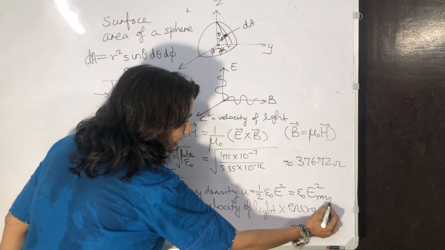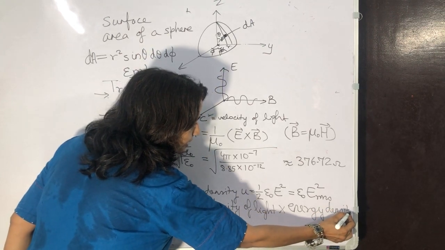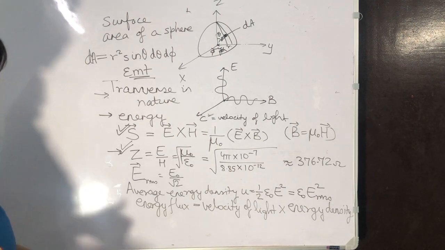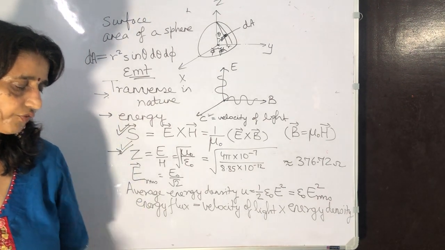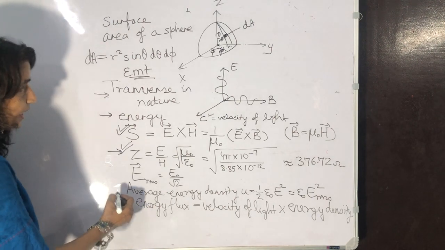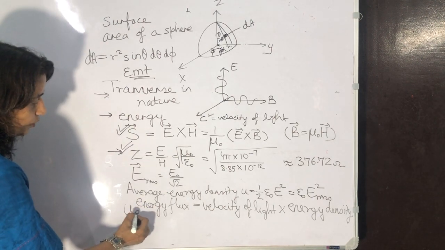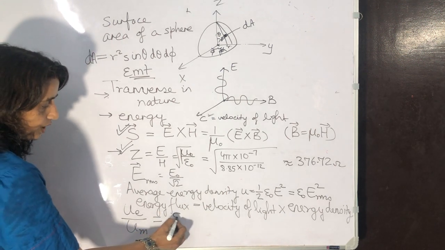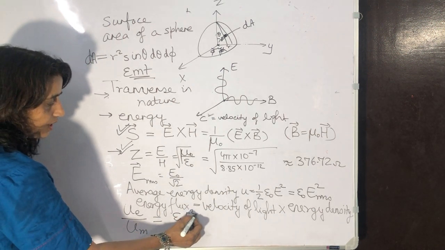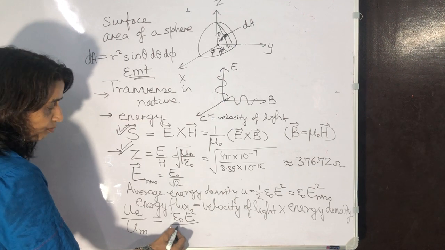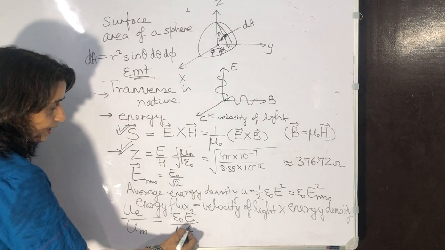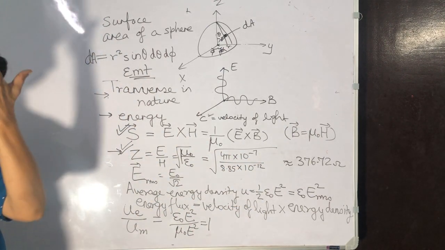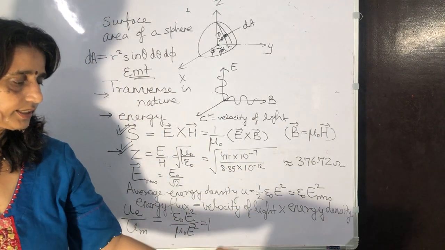Then the energy associated with the electric field is equal to the energy associated with the magnetic field, and their ratio, epsilon naught E square upon B square upon mu naught, is equal to 1. So this is the formula.